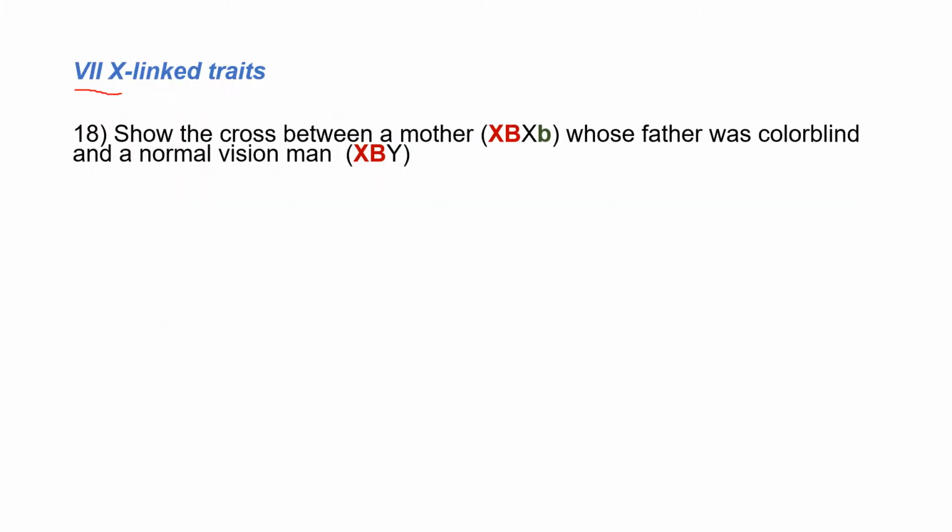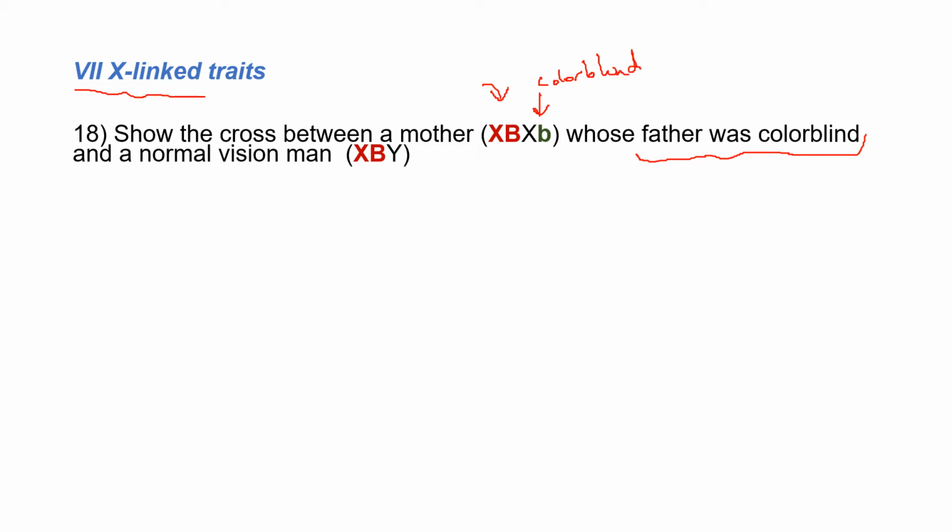So this is the seventh part of the assignment, and here we're talking about linked traits. I'm asking you about a cross between a mother whose father was colorblind. This is why you can see this allele, that is the allele for color blindness.